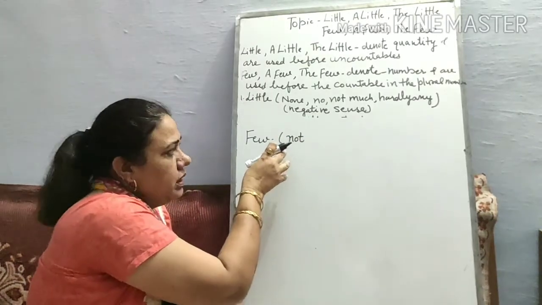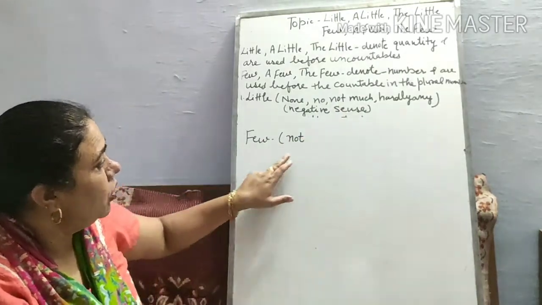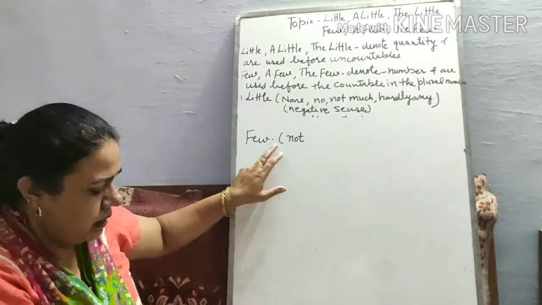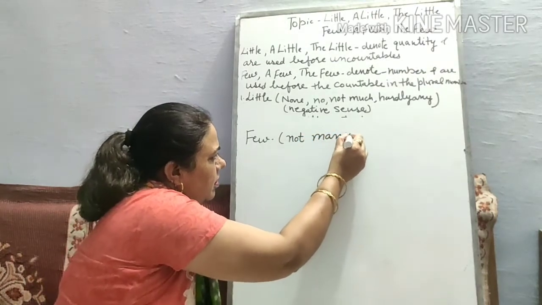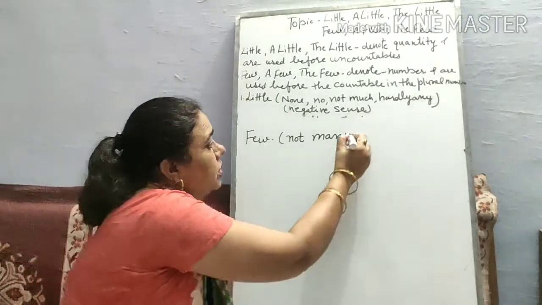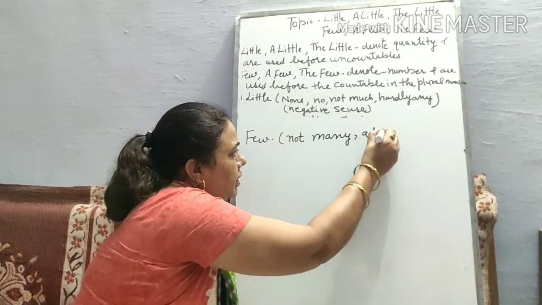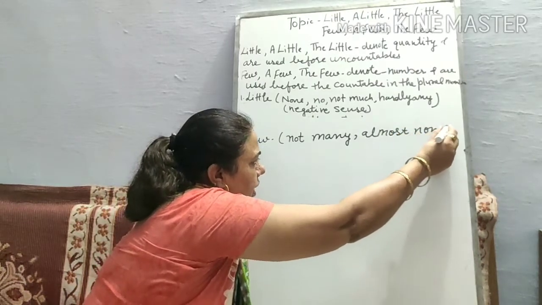This is used for countable nouns, plural numbers. Always use few with plural nouns. Not many, you can write for that. The second meaning is almost none. You can use it for that.